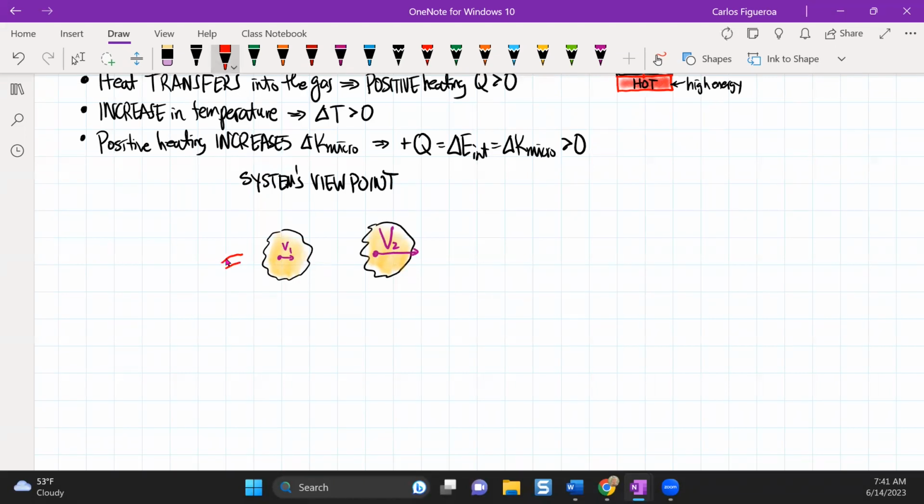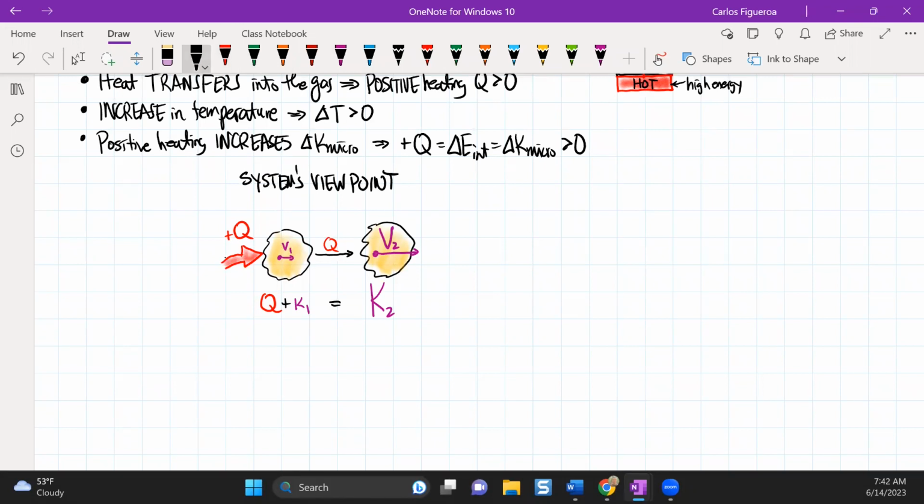What caused it was the influx of heat into the system. That's what I mean by positive heat. So I have heating occurring, and it changes K micro and increases it to a higher level, because we had heating occurring.